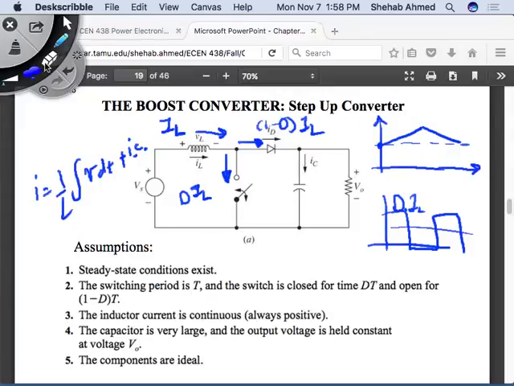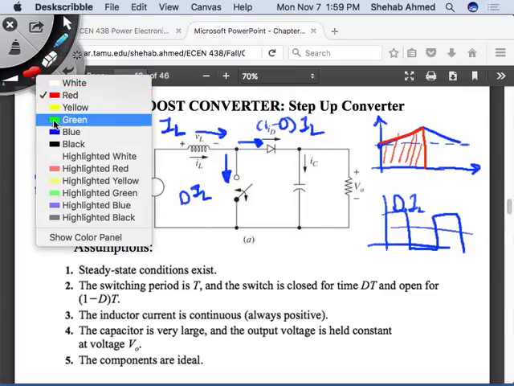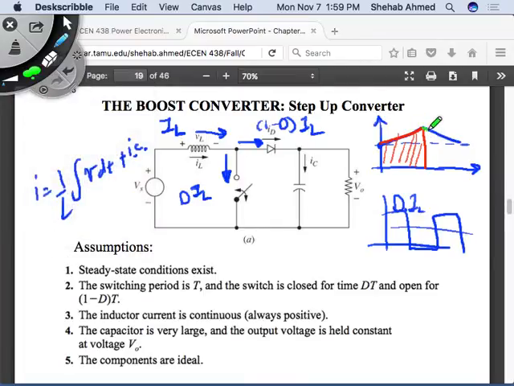So this portion of the current will flow in the switch, because the switch is closed and you're pushing inductor current through to store energy. And then this portion of the current will flow through the diode.